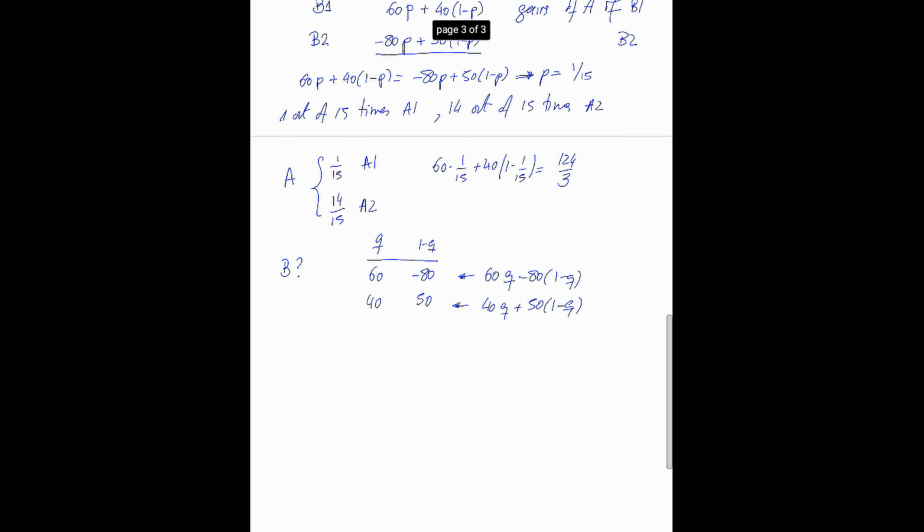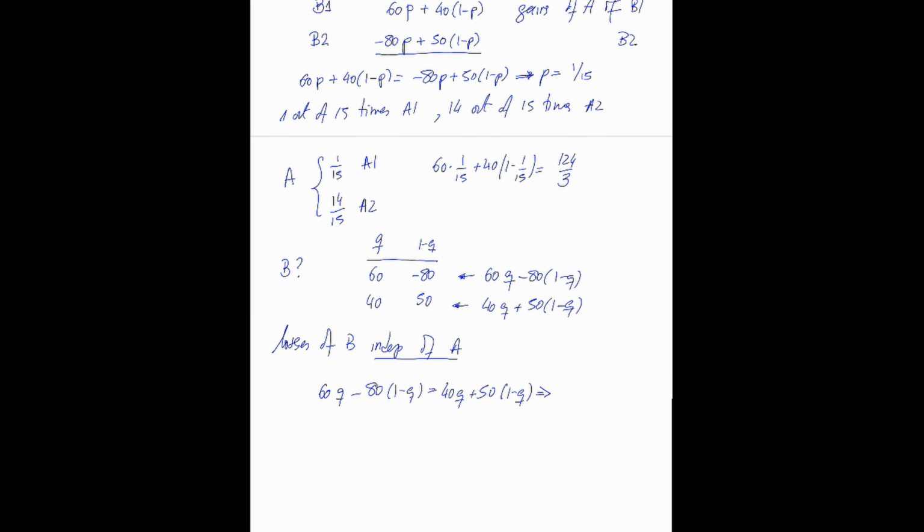As before, we want the losses of B to be independent of A. So that means 60Q minus 80 times 1 minus Q has to be equal to 40Q plus 50 times 1 minus Q.